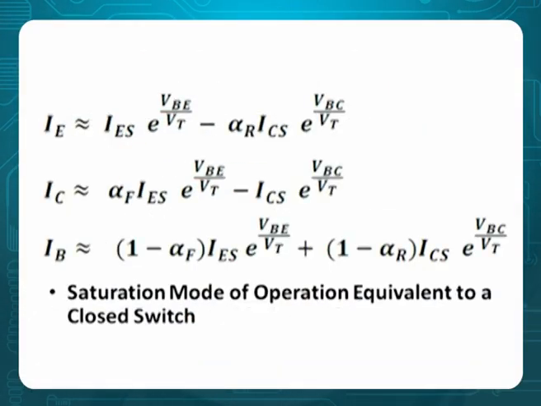Therefore equations come like this. Actually there was a 1 here, neglected, and a 1 here, neglected. And these are the equations. So saturation mode of a transistor is equal to a closed switch, because there is a good amount of current flowing in that. Where there is a large current, we call it a closed switch, such saturation.